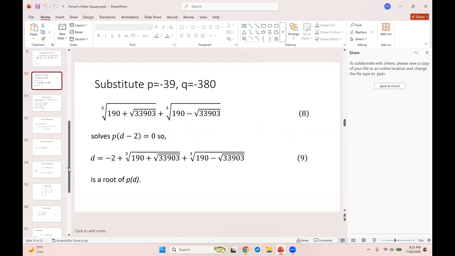And to get the solution to the original polynomial, you just add -2 to it, and that's all. That's a root of p of d here. So when d is this value, we're going to get a square.